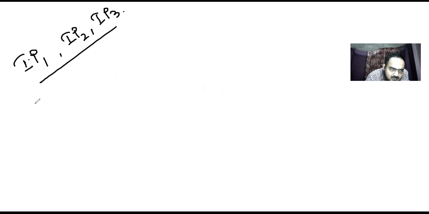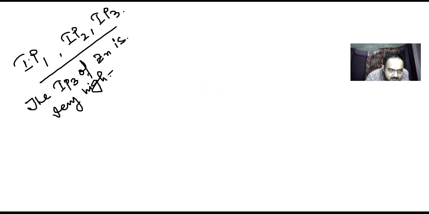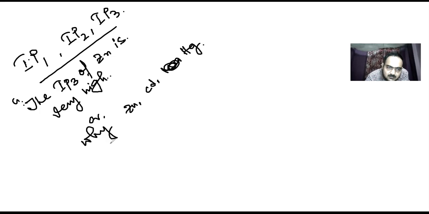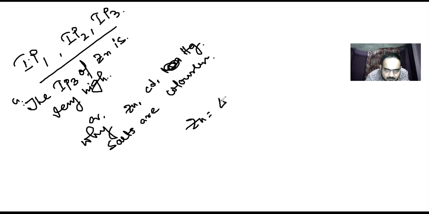A question comes in the exam that the IP3 of zinc is very high, or the question comes, why are zinc, cadmium and Hg salts colorless? It is very simple. Zinc has an electronic configuration of 4s2 3d10.